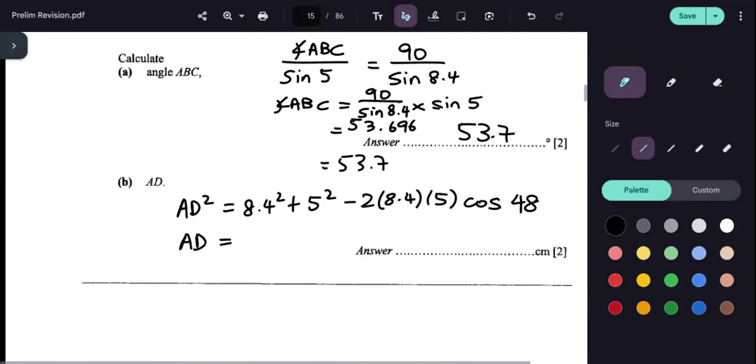So AD is just the square root of the whole thing, which is 45 cosine 48. Cosine 90. Yeah.